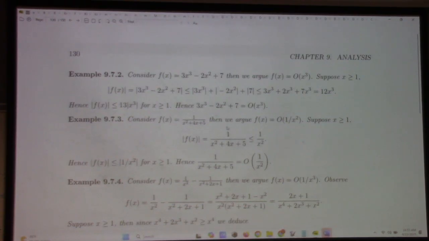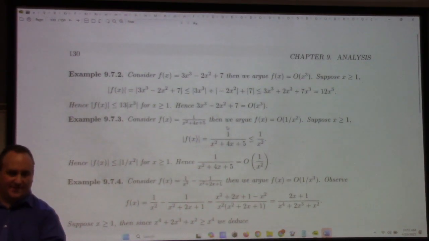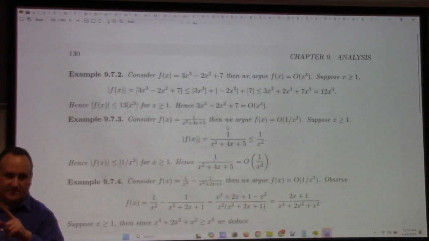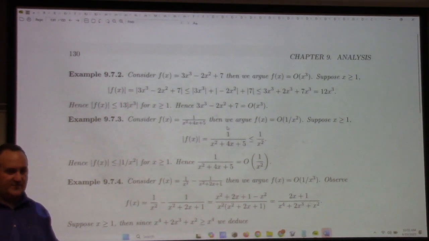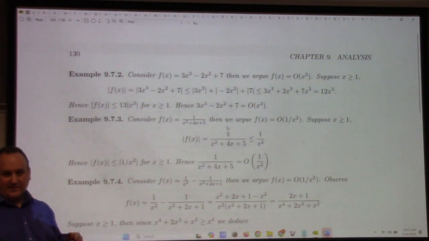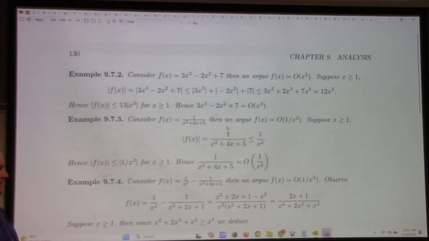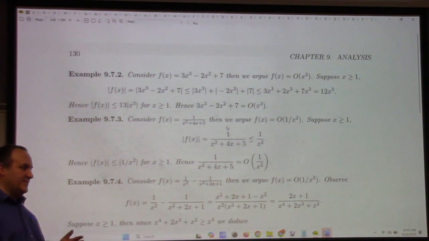What do we need to do to its denominator? If I make the denominator smaller, that makes the fraction bigger. It's reversed, right? If I make the denominator bigger, it makes the fraction smaller.